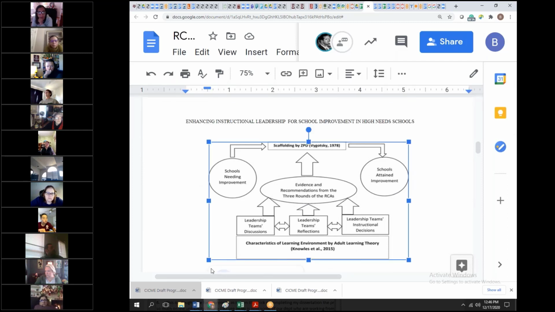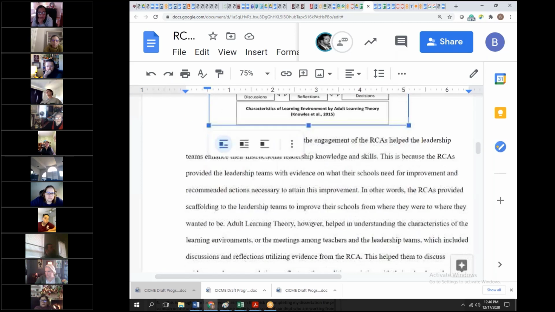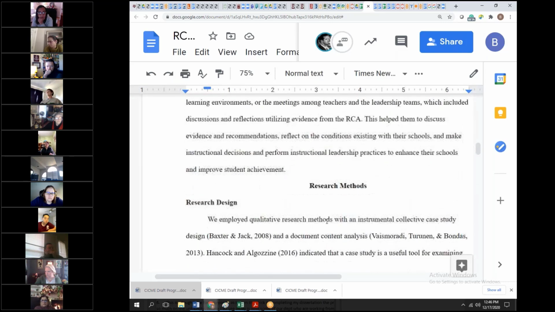It's not at the bottom underneath it. So we need to correct those. Now this is a draft figure that we have of the theories and how they work together related to school root cause analysis and turnaround.